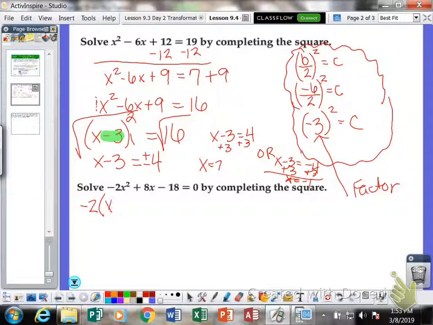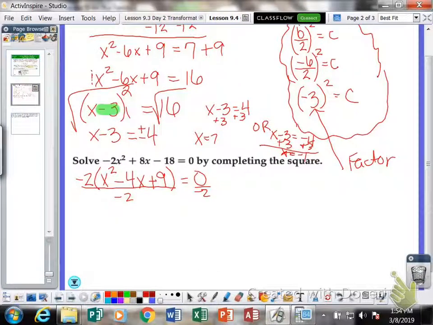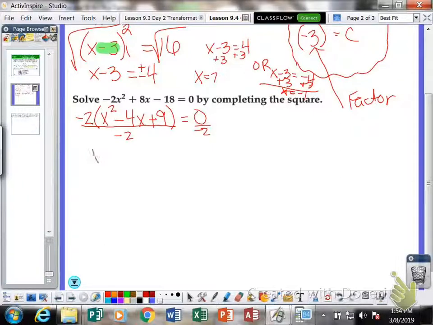Then I'm left with x squared minus 4x plus 9, and that's all equal to 0. Because this doesn't have an x with the negative 2, I'm going to divide everything by negative 2 to get rid of it. And then I get x squared minus 4x plus 9 equals 0.